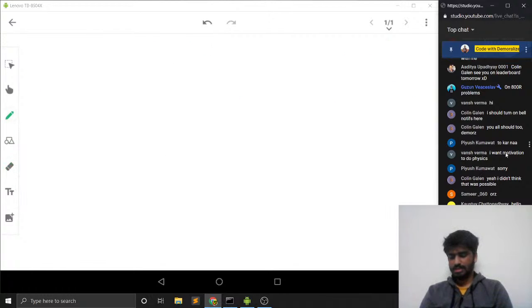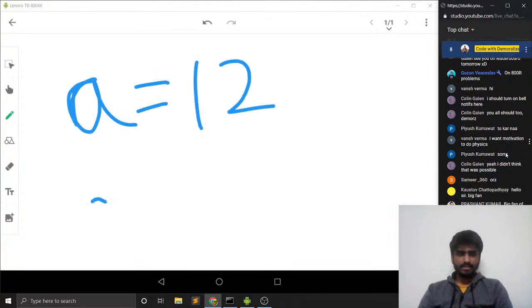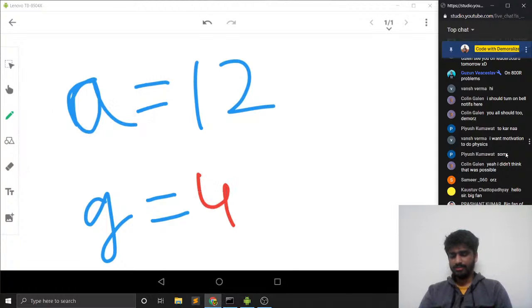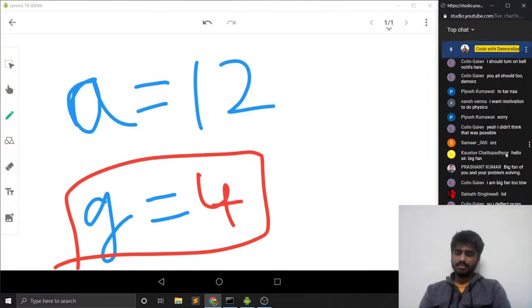So let's say A is equal to 12, and G is equal to 4. So what I essentially want is how many subsequences are present which have the GCD equal to 4 and which have A in it.